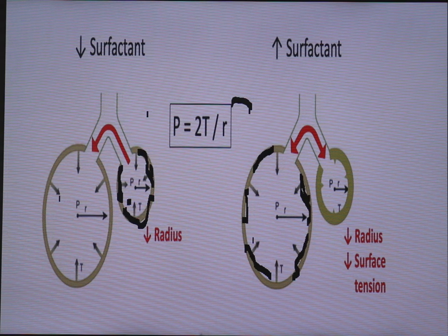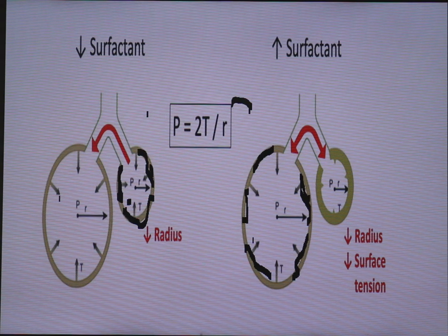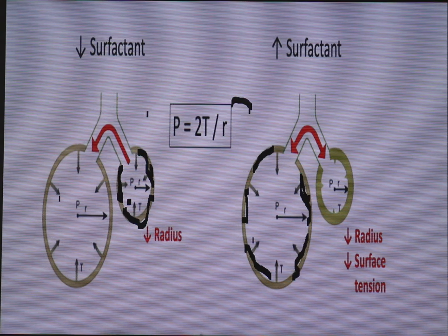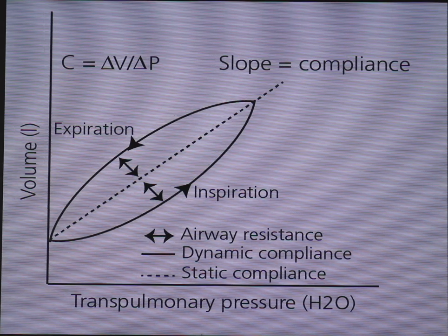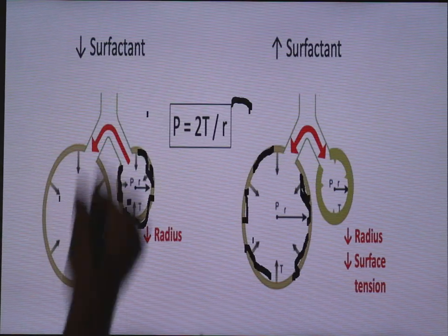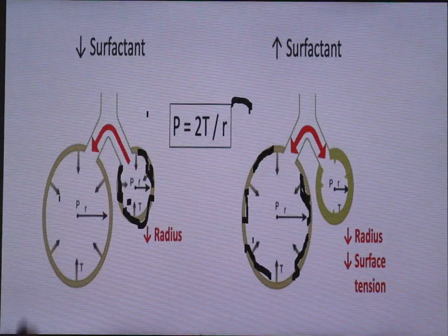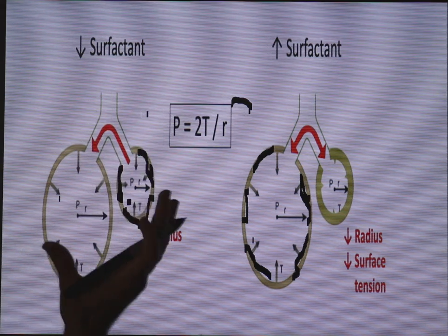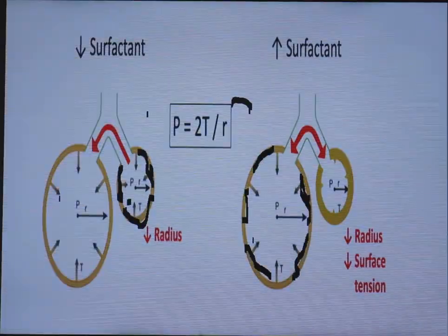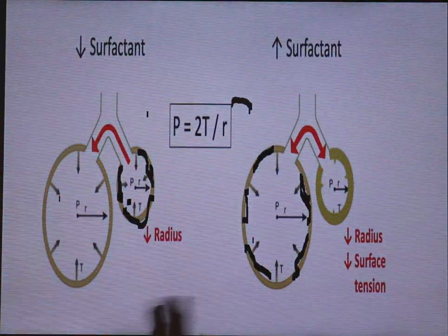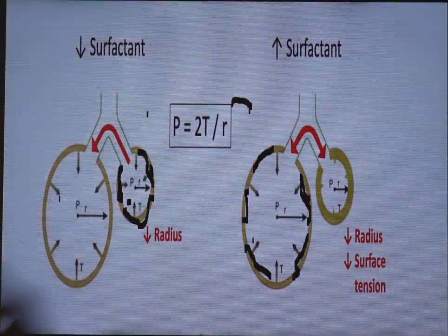So now let's move to another concept, which is the compliance of the lung. Let's say expansion of the lung with volume or with pressure; the change in volume of the lung with change in pressure depends on the previously mentioned elasticity or resistance of the lung.